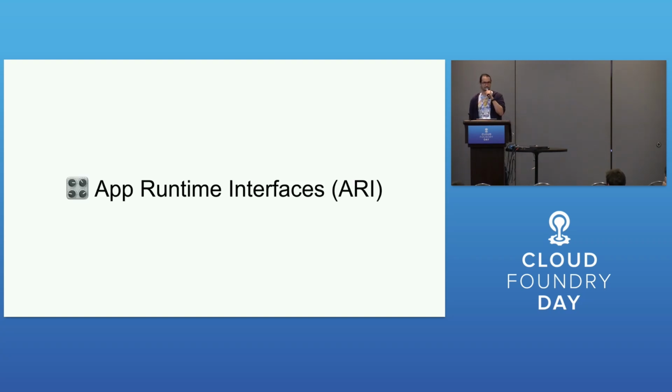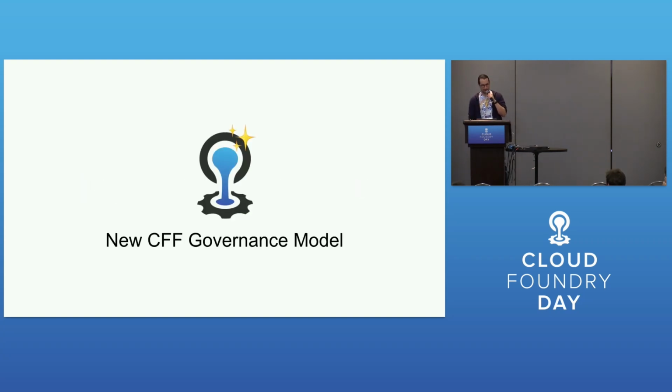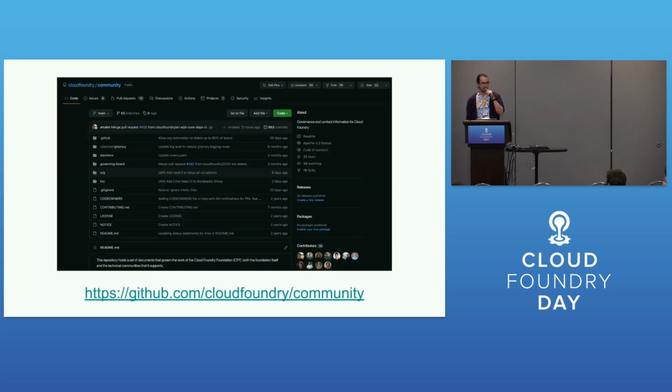So let's talk a little bit about ARI. As most of you probably know, Cloud Foundry Foundation moved to a new governance model in the last year. As part of that, we've created this Cloud Foundry community repo, which lays out all of the details of how the new governance model works.